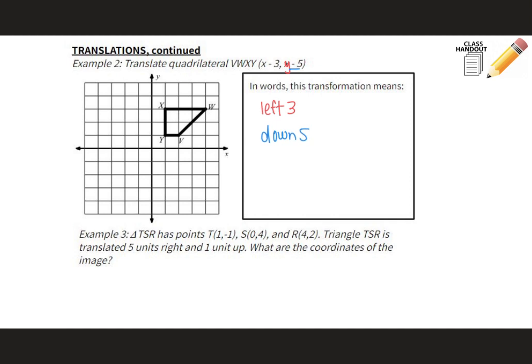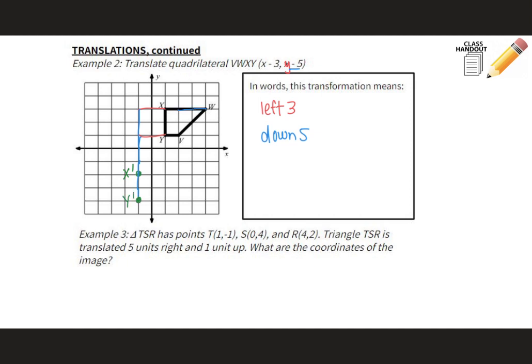Okay, so let's go ahead and do that. So we're going to go left 3, down 5. It actually doesn't matter which order you go, but we're going to go left 3, down 5. 1, 2, 3, 4, 5. So here's X prime. Left 3, down 5. 1, 2, 3, 4, 5. Here's Y prime.